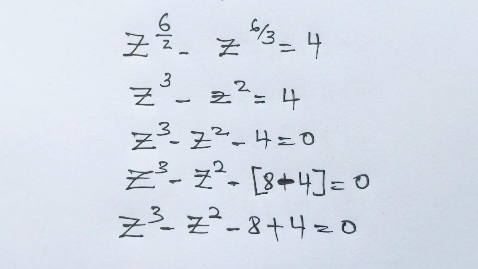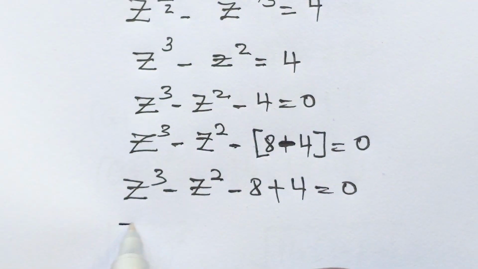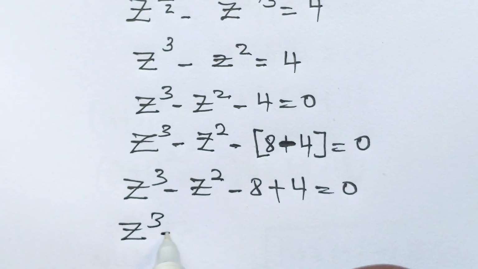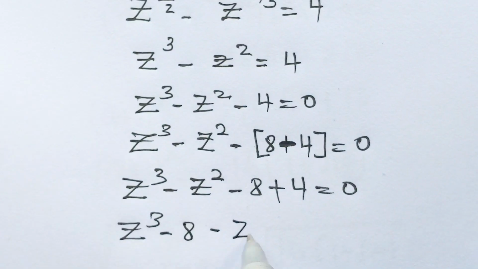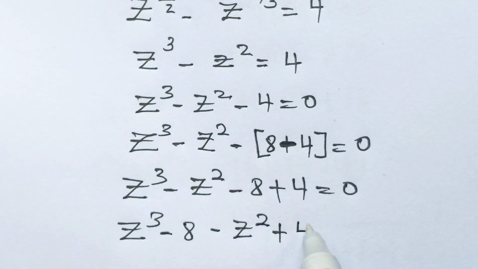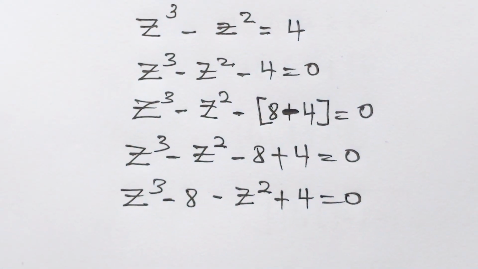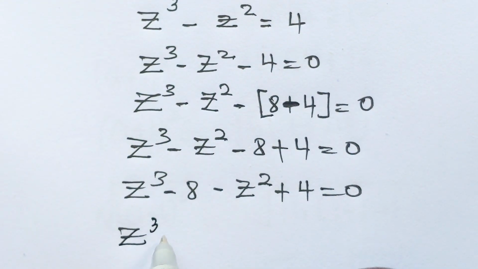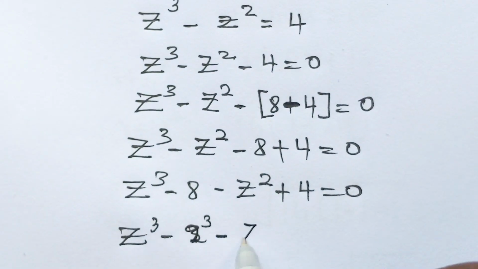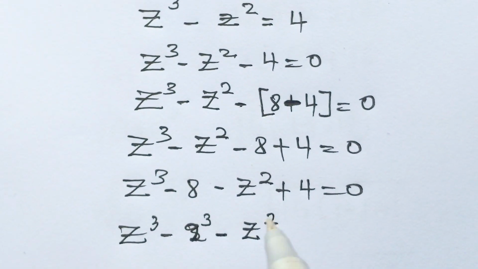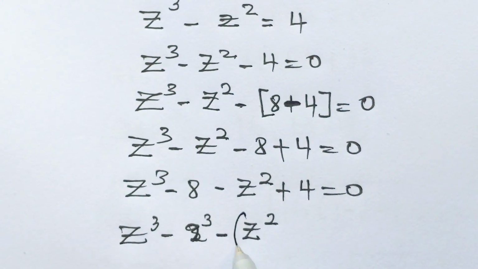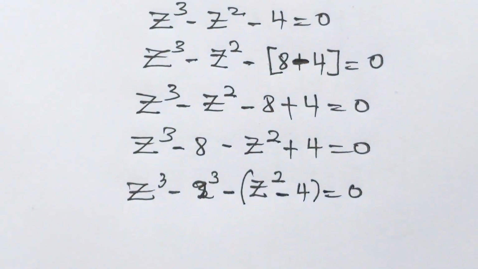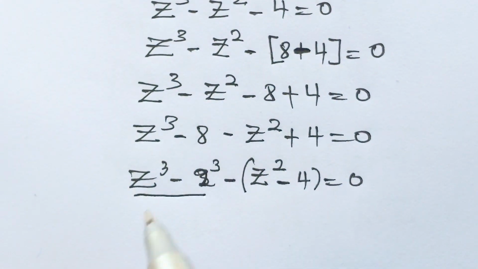Then z cubed minus z squared, minus 8 plus 4, equals 0. Grouping the terms, z cubed minus 8 minus z squared plus 4 equals 0. Then here z cubed minus 2 cubed, minus z squared minus 4, we can factorize, equals 0.